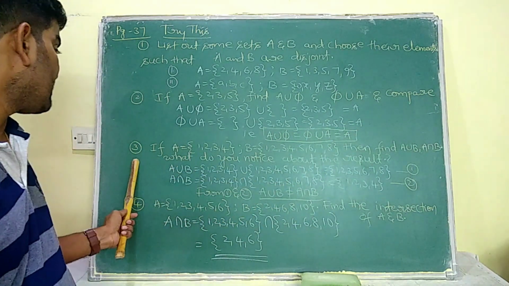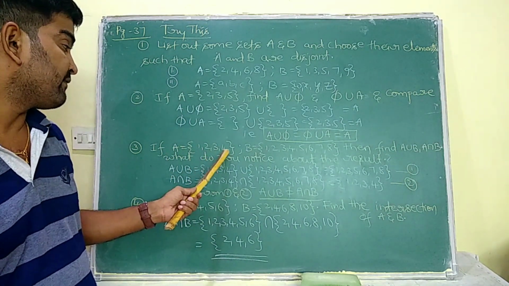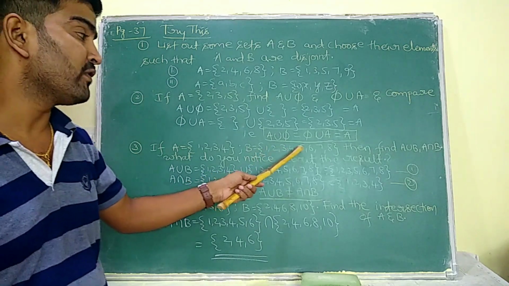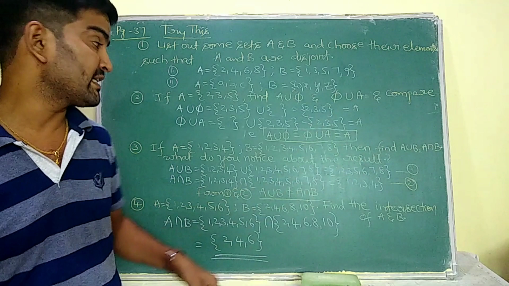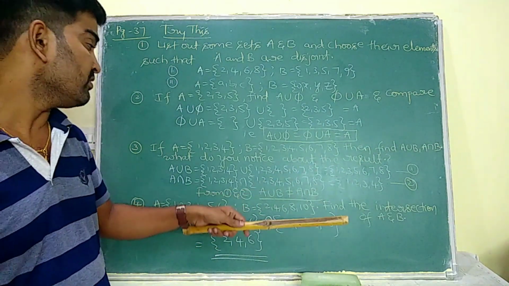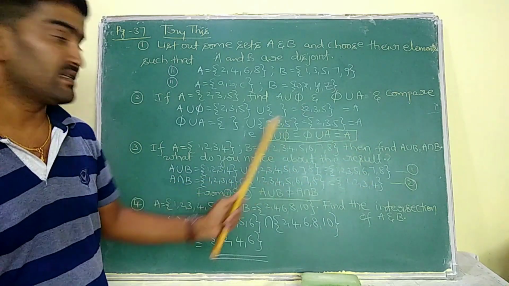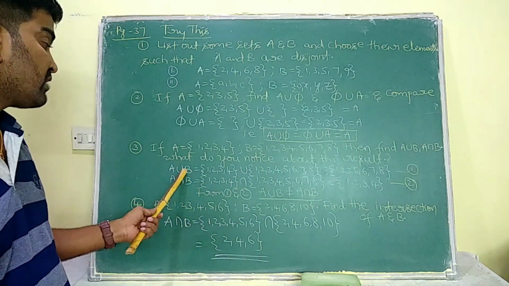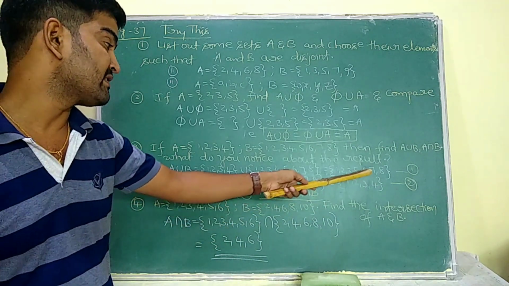Okay. Coming to the third one. See, set A is {1, 2, 3, 4} and B is {1, 2, 3, 4, 5, 6, 7, 8}. Then he is asking us to find A union B and also A intersection B, and later we have to write the comparison of the results. Now see, A union B means we have to write all the elements of A and B together. So then I will get 1, 2, 3, 4, 5, 6, 7, 8.